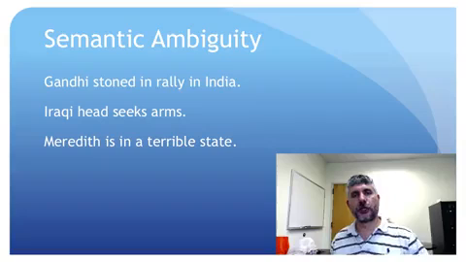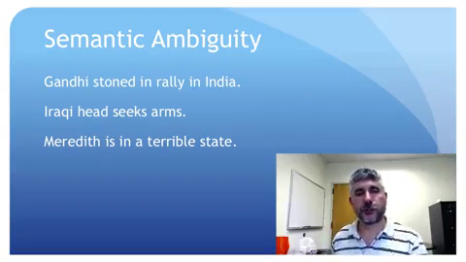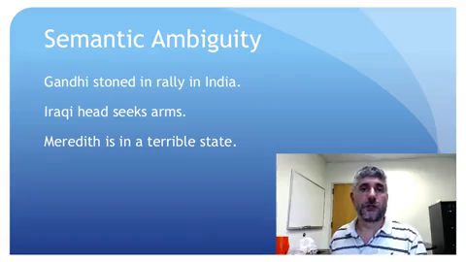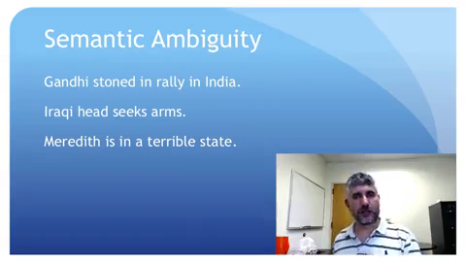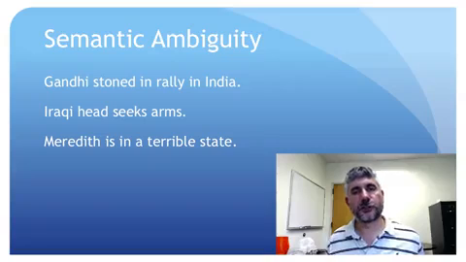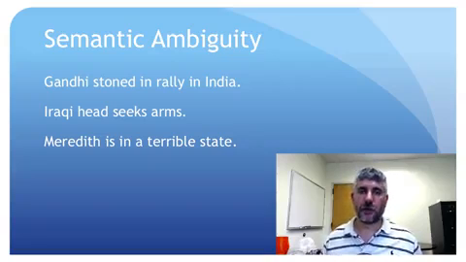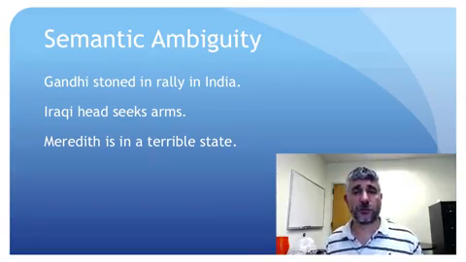One interpretation is, people threw stones at Gandhi at the rally in India. Another interpretation is, Gandhi was using illicit drugs at the rally in India. So those are two different interpretations of the word stoned, and they give rise to two different interpretations of what someone is saying when they say "Gandhi stoned in rally in India."